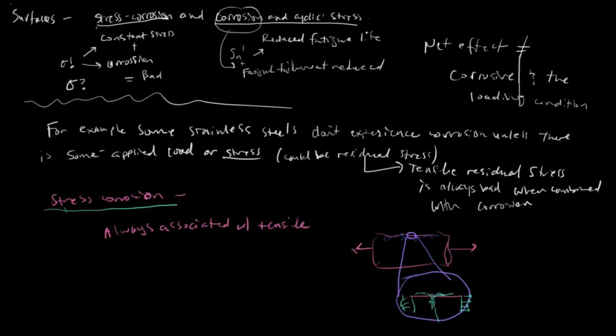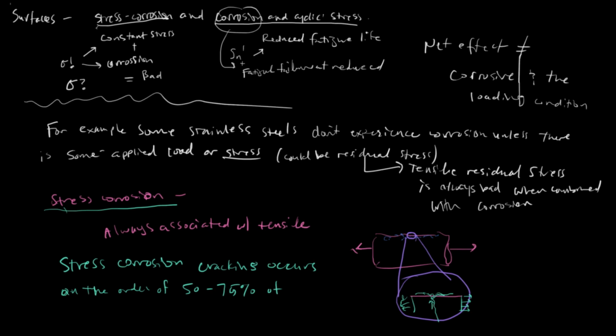Stress corrosion cracking occurs on the order of 50 to 75% of the tensile yield strength, which is pretty remarkable, and so that's why it's extremely important for us to consider stress corrosion effects on materials.